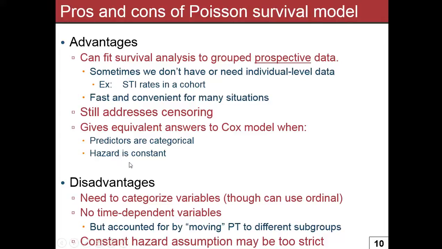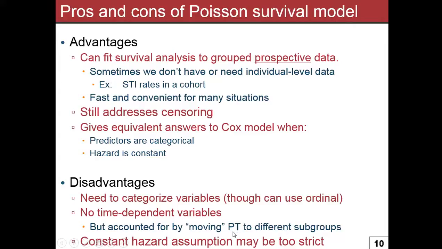That doesn't work. The one type of time dependency that you can deal with in the Poisson model is imagine if you had people changing those internal covariates where your treatment status can change over time. Remember the heart transplant example where you start off not having a transplant and then suddenly you have a transplant and now we switch the tracks on what your exposure is. You could still potentially do that in the Poisson model by moving the person time to different subgroups.